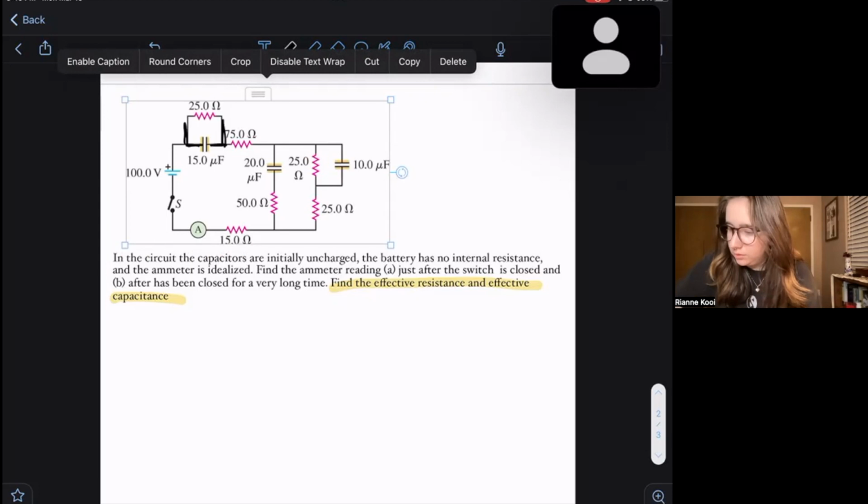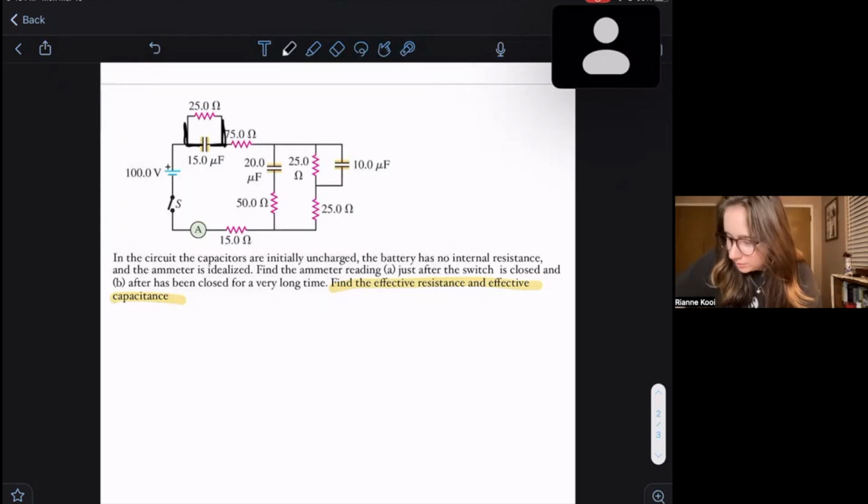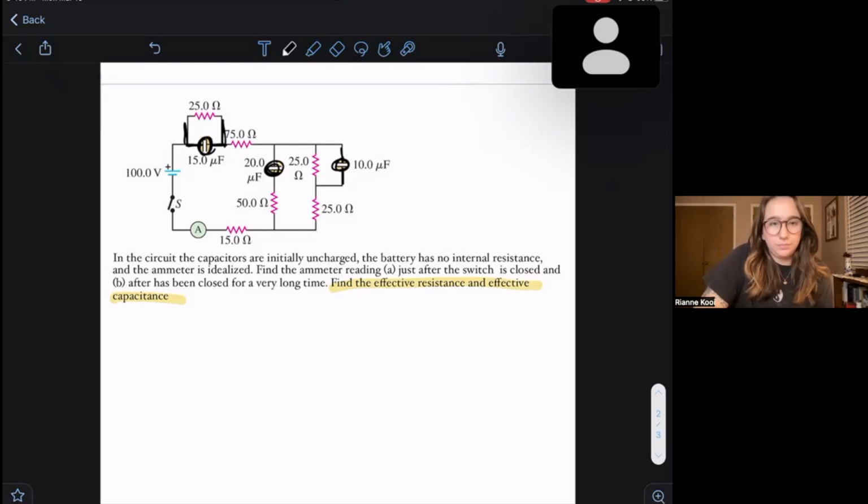I'll draw a circle. It's a hole. There's nothing there after a long time. So that happens to all of the capacitors.